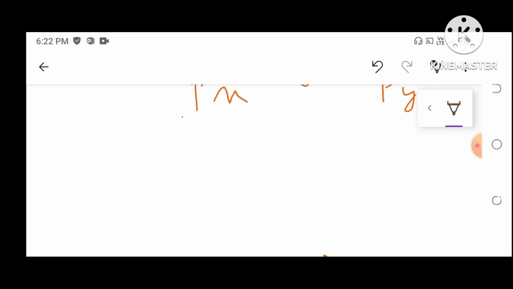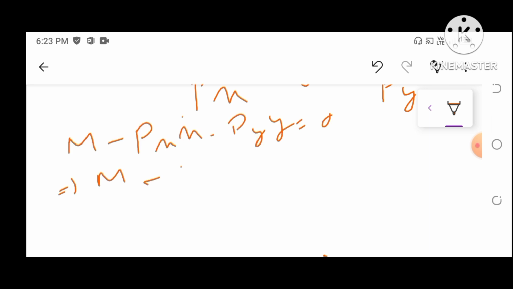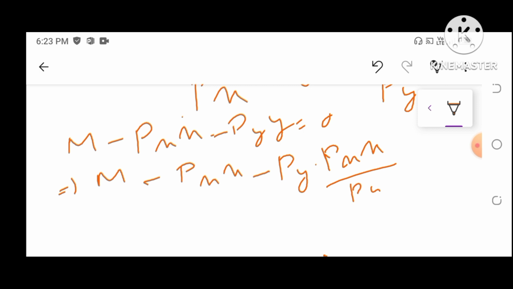Similarly, by putting the value of y, we get m minus px into pxx divided by py times py, minus pxx.